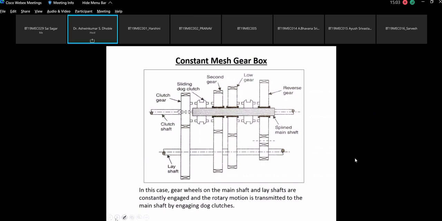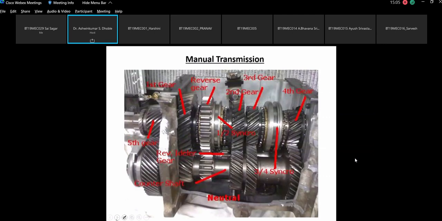Now let us move ahead. See, this is the actual constant mesh gearbox. This is showing you the configuration of the constant mesh gearbox: the neutral, reverse gear, then this is the synchromesh between the third and the fourth gear.